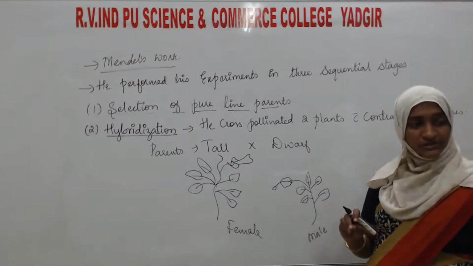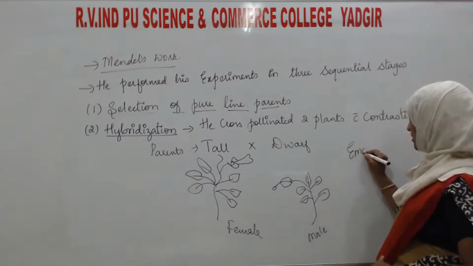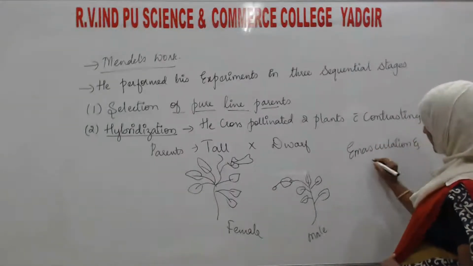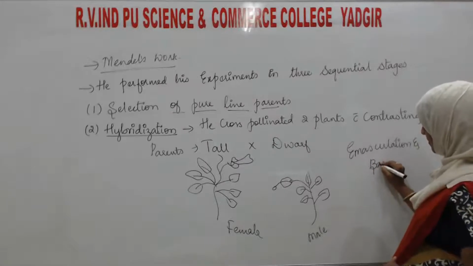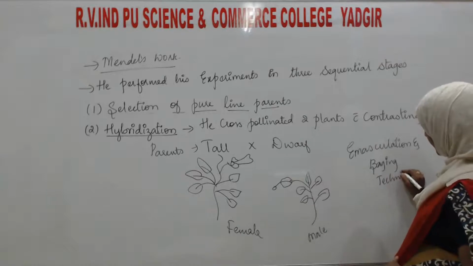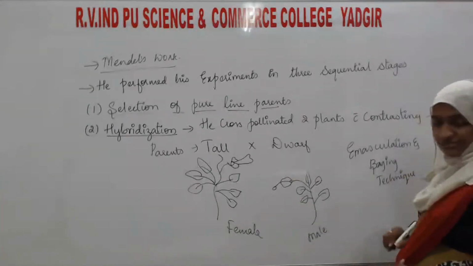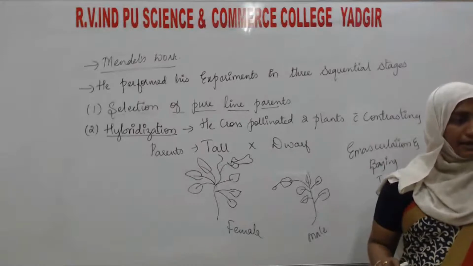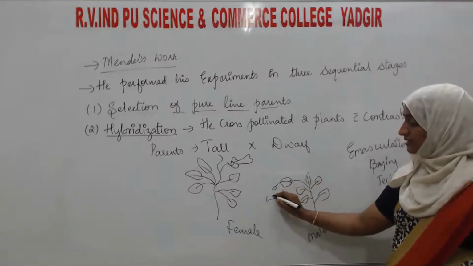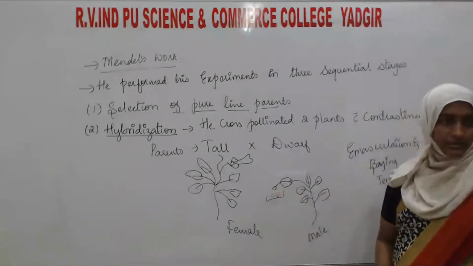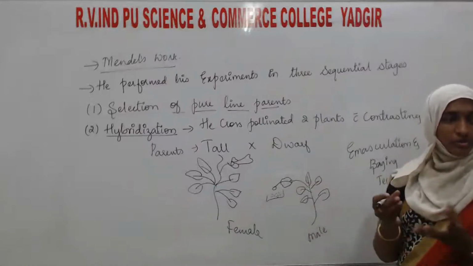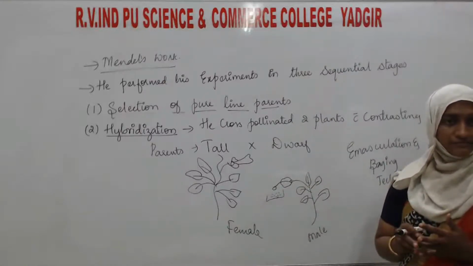This is done by a process known as the emasculation and bagging technique. What he did was take the pollen grains, dusting them onto a watch glass or a petri dish.